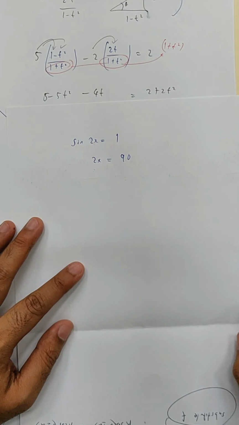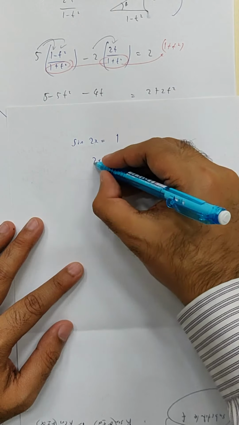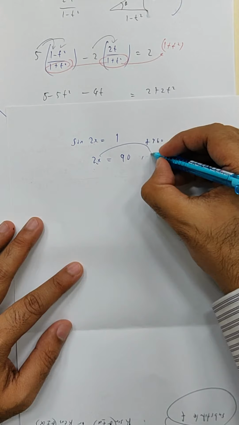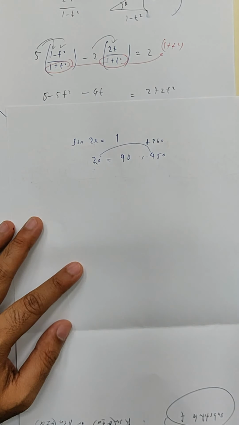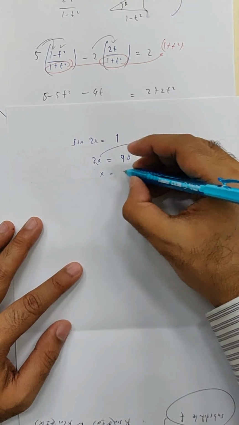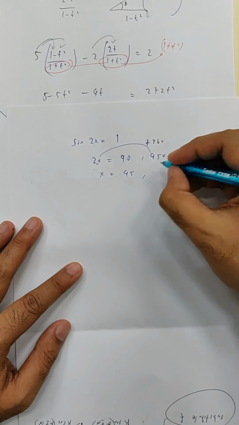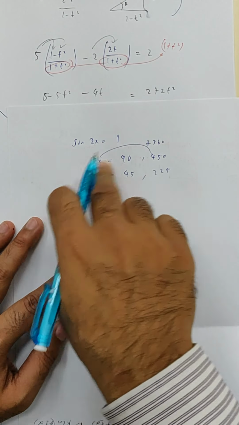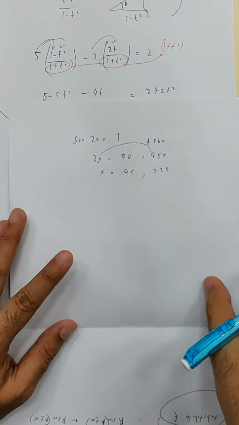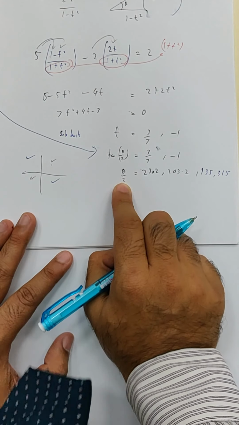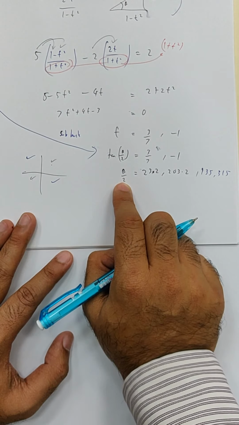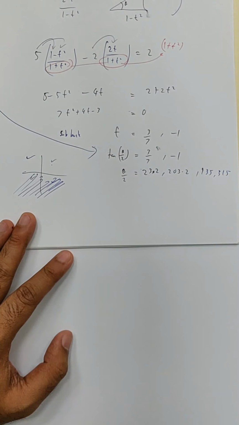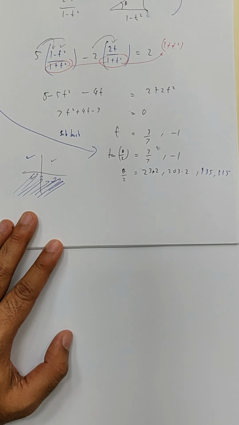But you should not have only 1. Because this is 2x, you need to plus 360. 450. And then you divide by 2. 45. 225. If there are 2x there, you plus 360. But right now here, there's over 2. That means you only want your answers to be in the first two quadrants. 3 and 4 are not needed. That's the first trap. Understand?